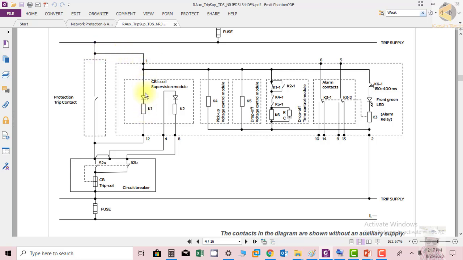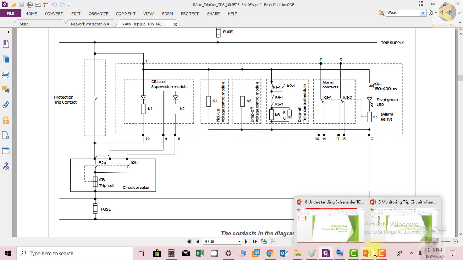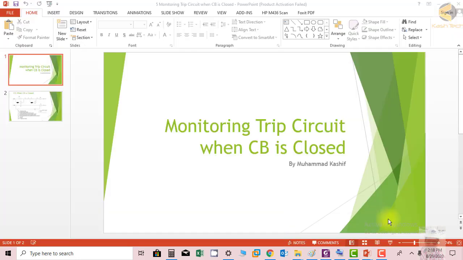So positive is coming through K1 to this point, from here to here, and then at terminal number 4 to this contact. This contact is picked up if the breaker is open. So if you find it difficult to understand here, you can always open the diagram that we have studied and it will be clear to you.